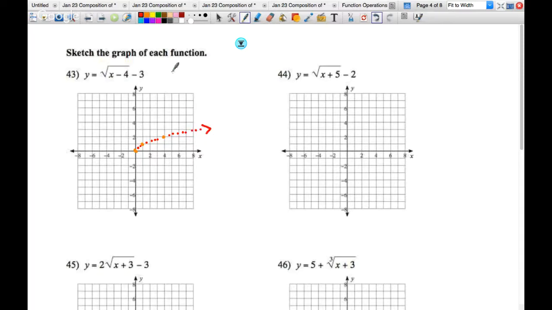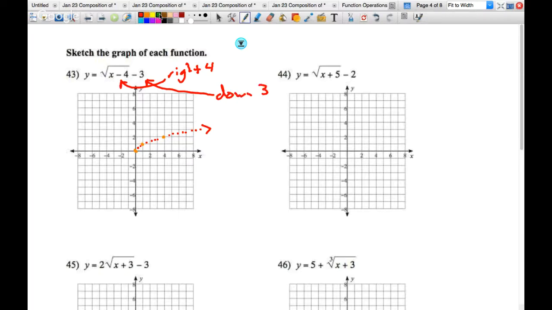Now, this one here has been moved because we are subtracting directly from the exponent. This moves it to the right 4. And then this -3, because it's at the very end, moves it down 3.